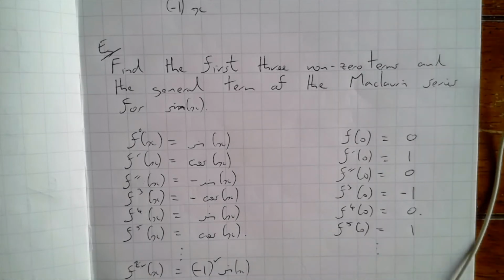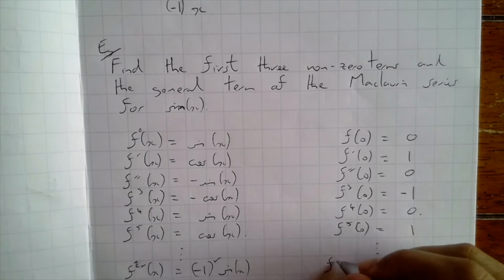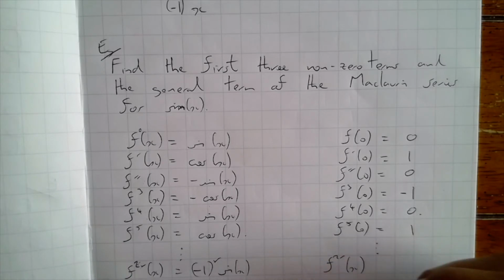And I can evaluate that at 0. If I evaluate that at 0, I've got f of 2r x is equal to 0. That should be a 0 in there.